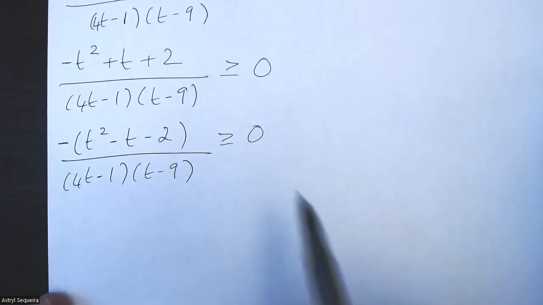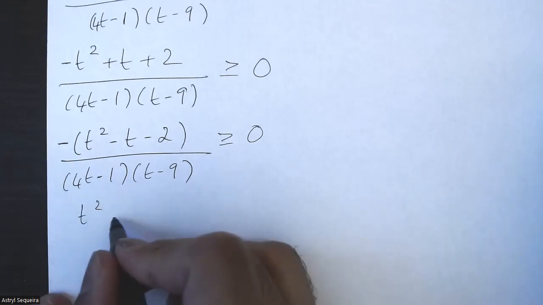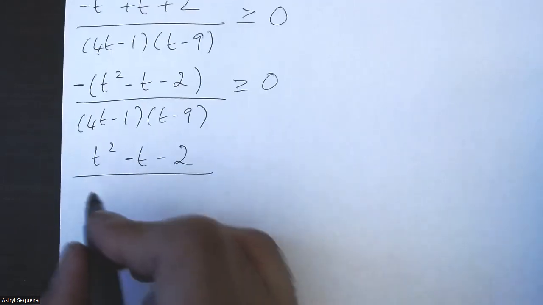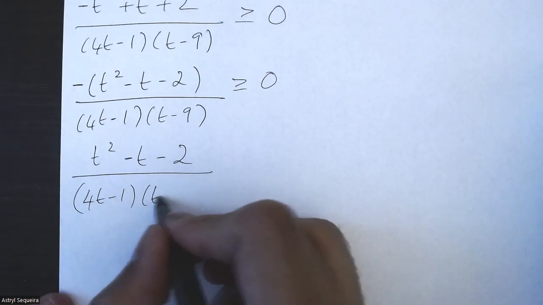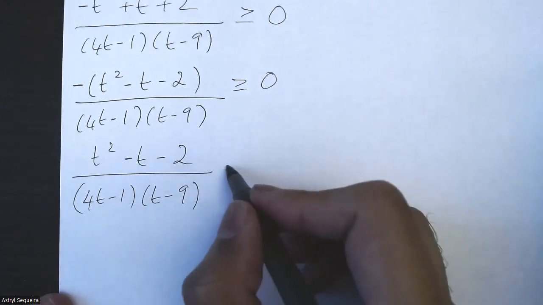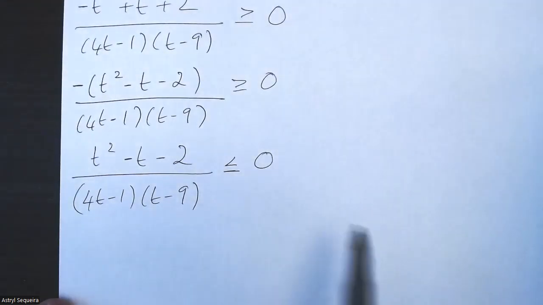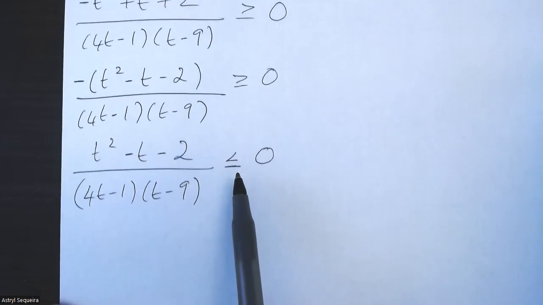And then 0 divided by -1 is still 0. So I'm left with t squared minus t minus 2 over (4t minus 1)(t minus 9). And this is going to switch to less than or equal to 0 because when you divide both sides by a negative number, your inequality sign switches.